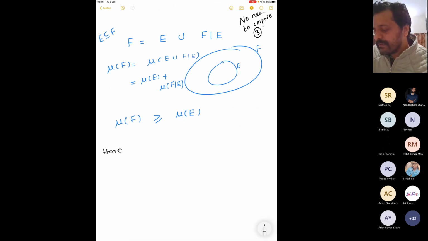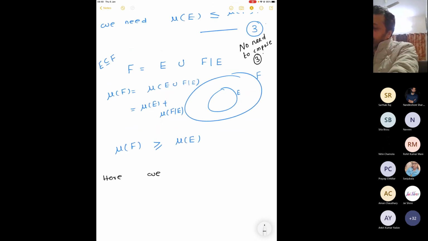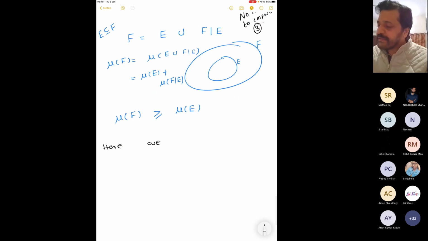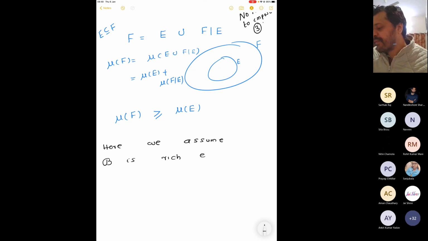Keep that in mind, but let me write only this. We need no need to impose 3 if we assume the following. It will be automatic. 3 will be automatic if we assume B is rich enough in the following sense.